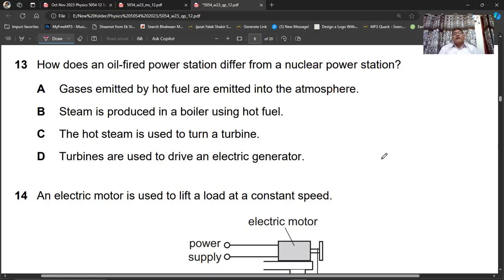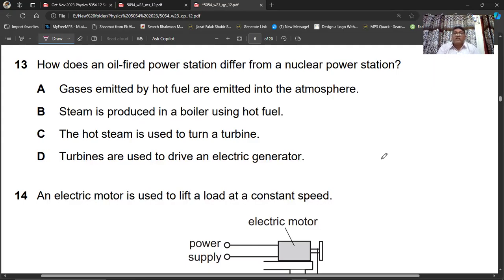So one difference is this, and it says gases emitted by the hot fuel are emitted into the atmosphere. That is true. Steam is produced in a boiler using the hot fuel. The steam is produced in both the nuclear reactor and in the oil powered station. The hot steam is used to turn a turbine.